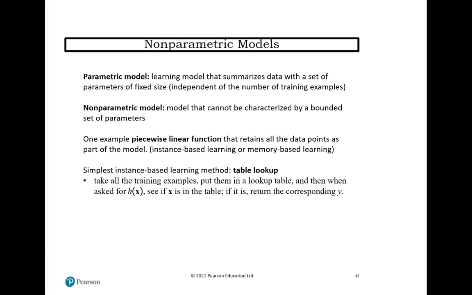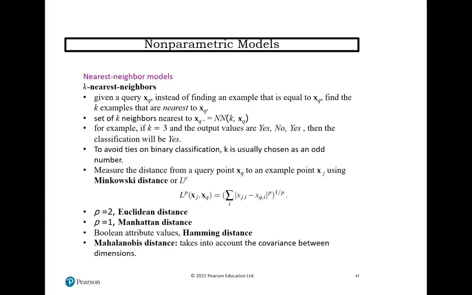Or the simplest type of model is a lookup table. So essentially, you have all your training examples in a table, and when you get a new value, you check your table and you return that specific output. Now the question is, what if you get a new value that's not in the table? What do we do then? In that case, you can start using non-parametric approaches, and the easiest one to use really is k nearest neighbors.